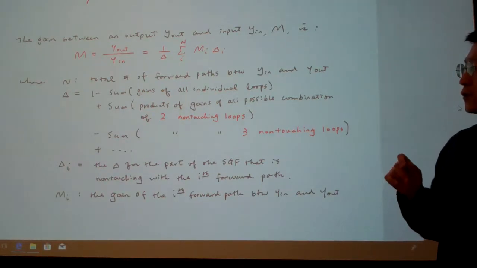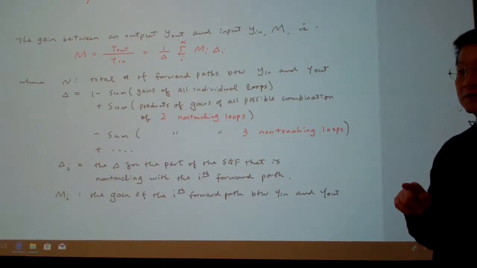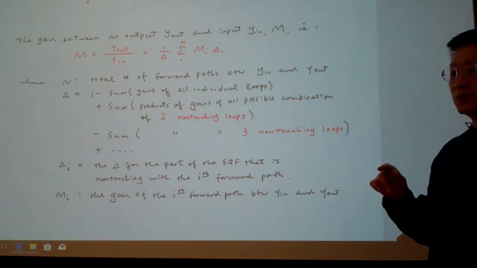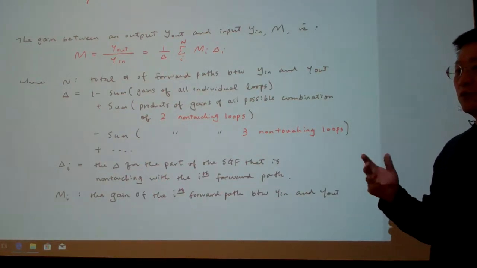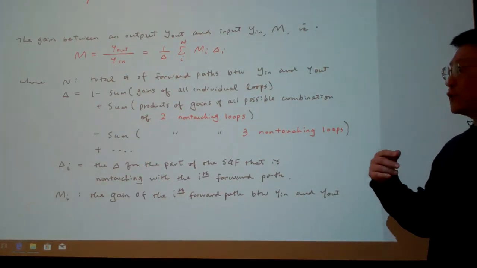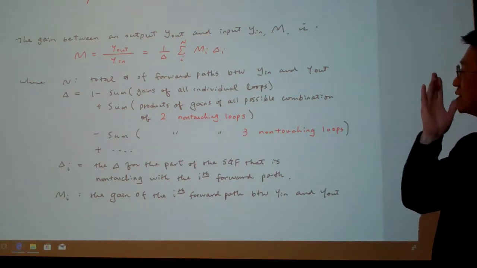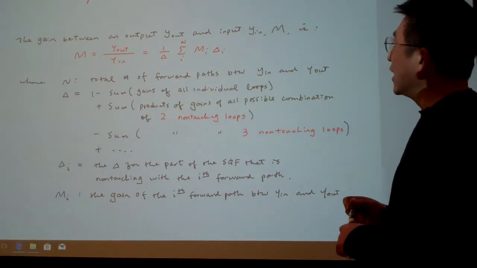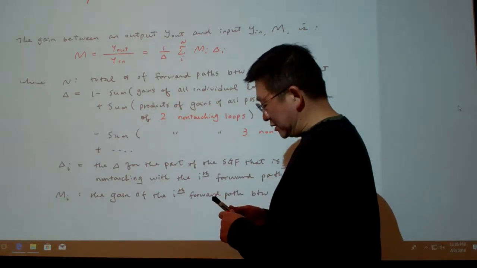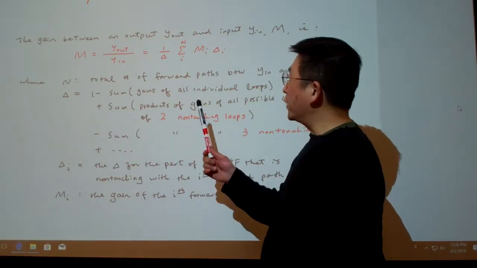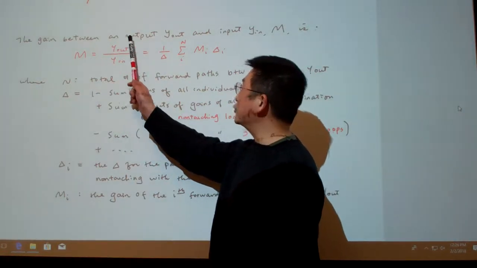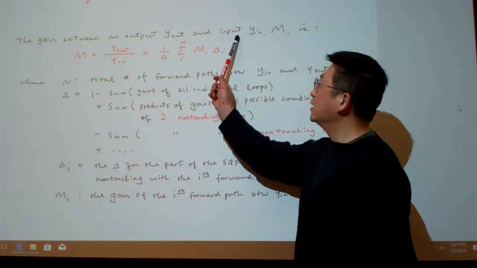And also in your homework, I believe I designed one or two questions that are simply about signal flow graphs, and you might be able to apply this. Let me explain this one. Basically, this rule helps us calculate the gain between an output and an input.